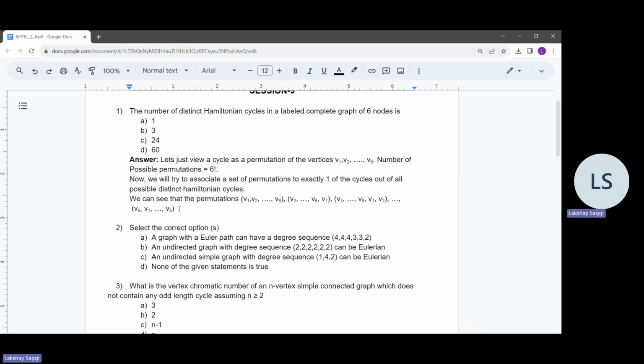So all these permutations correspond to exactly one Hamiltonian cycle.